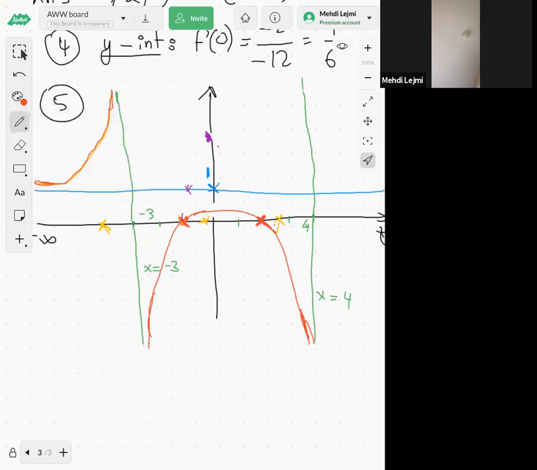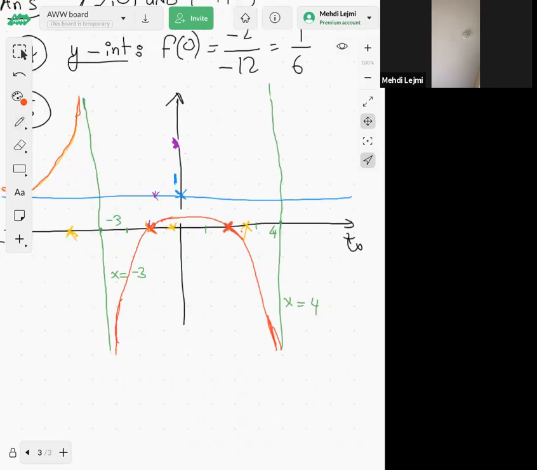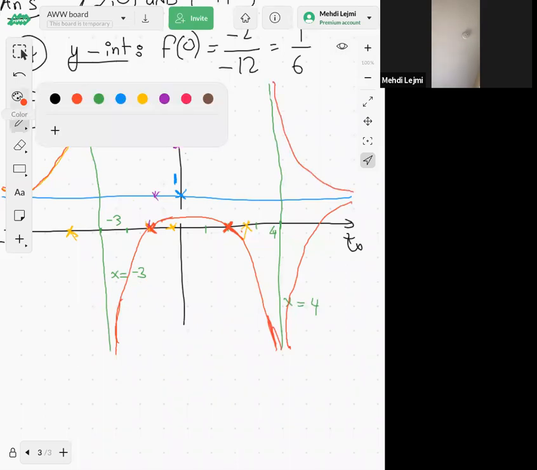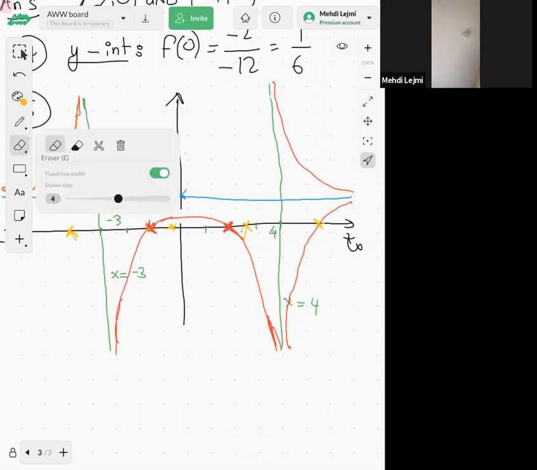Of course, there are two options, either going up to your horizontal asymptote or going down to it. But if you go up, then you're going to cross the x-axis, but there is no x-intercept there. So the correct graph would be the one above the horizontal asymptote. So this would be the graph of f of x.